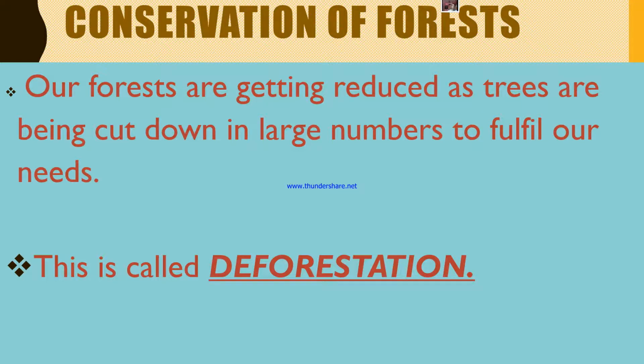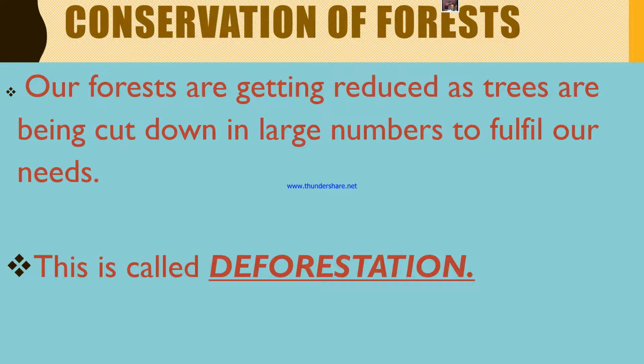So what is this deforestation? There's a term deforestation. Our forests are getting reduced as trees are being cut down in large numbers to fulfill our needs. We are becoming so greedy that we do not understand the need of the environment.